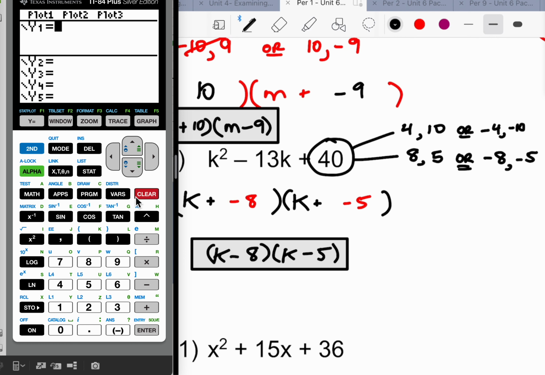In the TI, what you would do is go into y equals to get the factor pairs. You type in really the same general idea as what we did in Desmos. You're just limited to x. You can't use whatever variable you want. So we type in 40 divided by x.